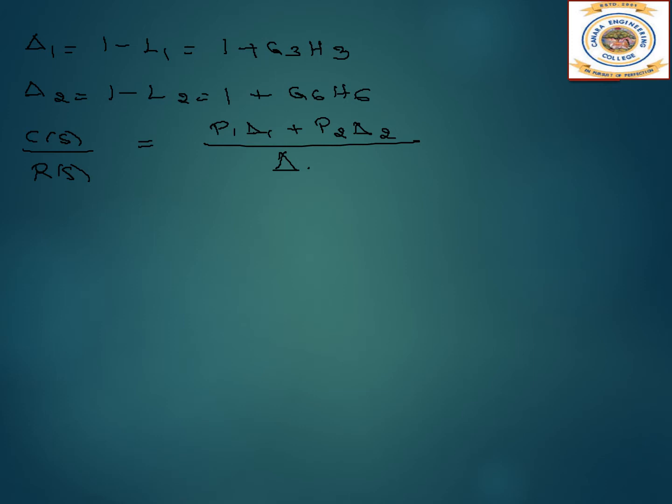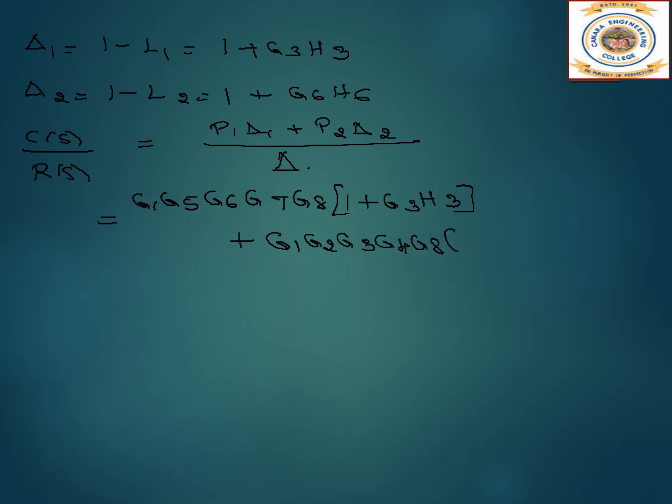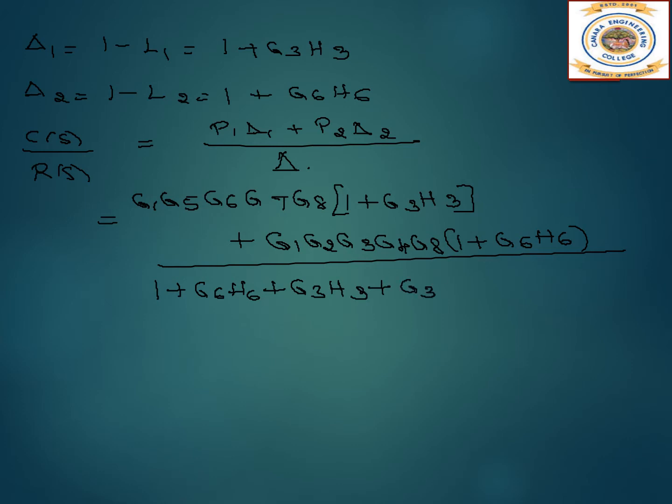Here P1 is G1, G5, G6, G7, G8 and delta 1 is 1 plus G3 H3, plus P2, which is G1, G2, G3, G4, G8 into 1 plus G6 H6, which is delta 2, whole divided by delta: 1 plus G6 H6 plus G3 H3 plus G3 H3 into G6 H6. This is the final answer for the transfer function.